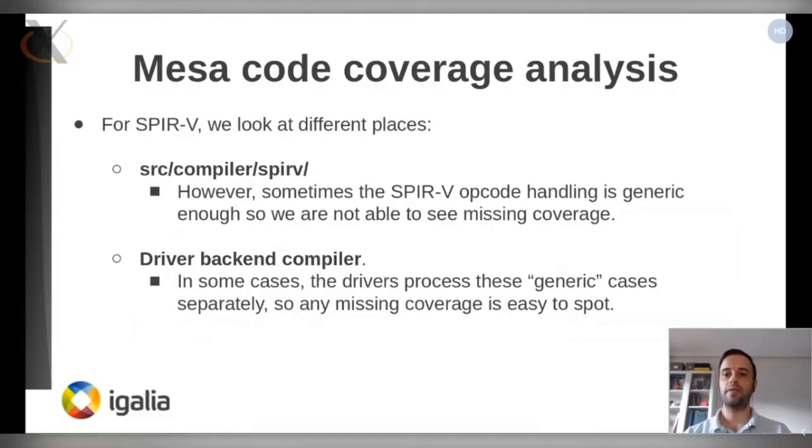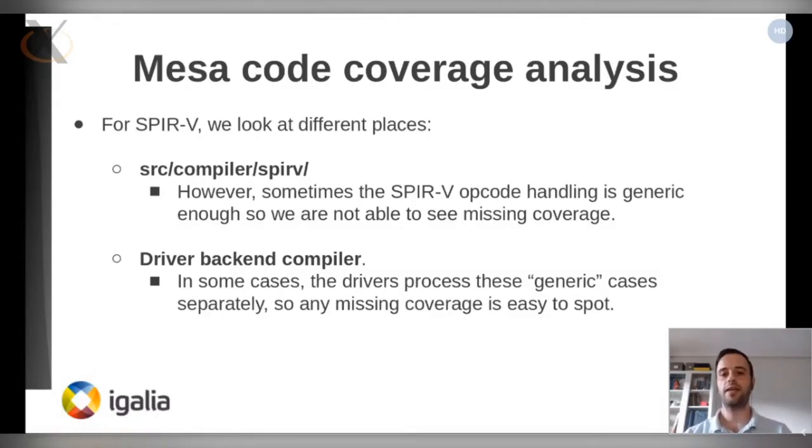However, we found that sometimes the SPIR-V opcodes can be used with different data types, and its processing here is generic enough that we don't know if any of these different data types is missing in the coverage.